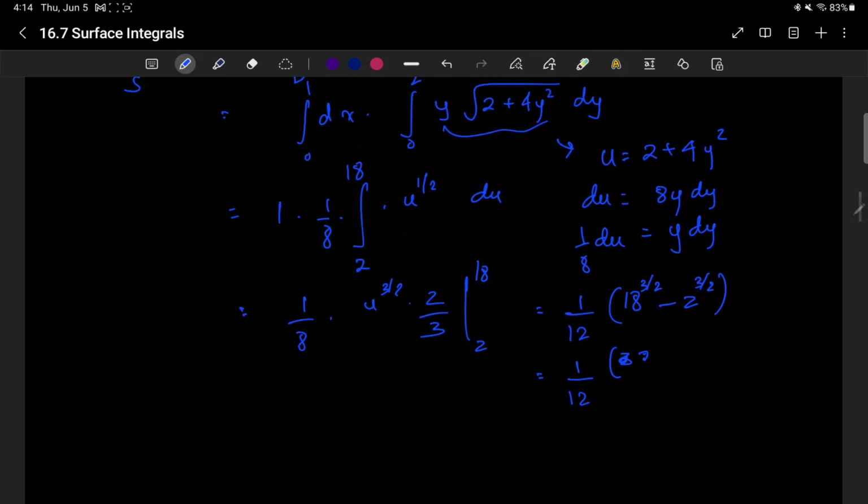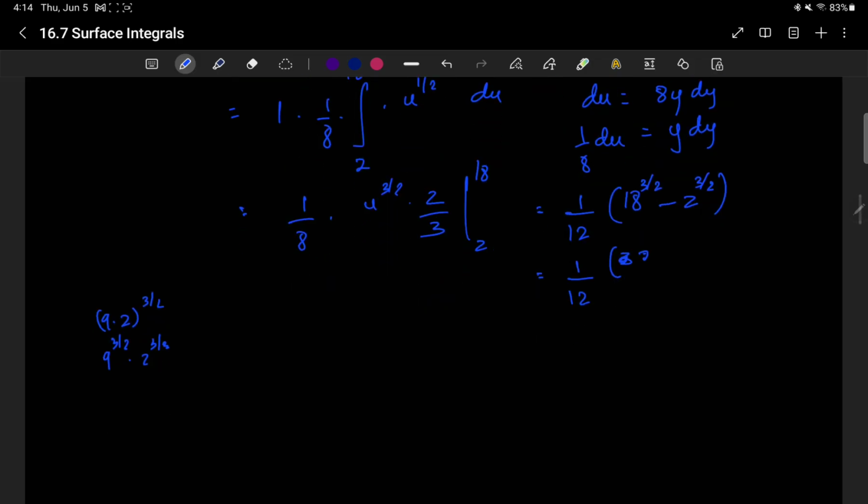Okay, let me do this separately here. So you have 9 times 2 to the 3/2, which becomes 9 to the 3/2 and 2 to the 3/2. 9 to the 3/2 is, square root of 9 is 3, and 3 cubed is 27. And 2 to the 3/2 is 2 root 2. So you actually have 54 root 2 here, minus another 2 root 2. So this is 52 root 2 over 12, which becomes 13 root 2 over 4, because they both are multiples of 4.